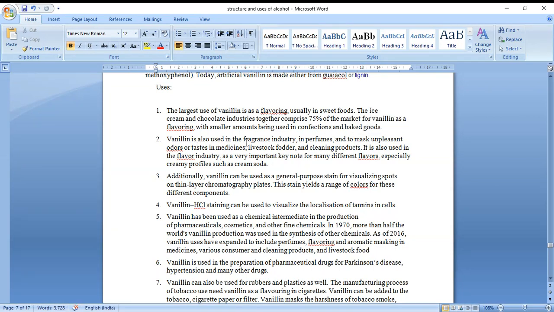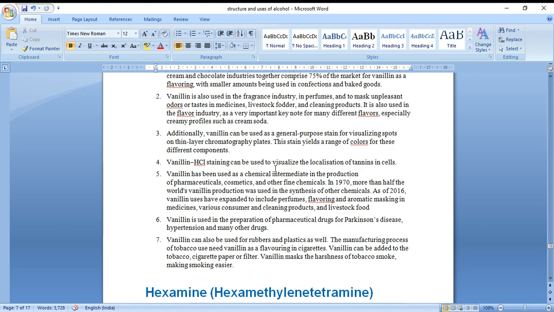Vanillin is used in the fragrance industry in perfumes, to mask the unpleasant odor and taste in medicines, livestock fodder, and cleaning products. It is also used as an important unit in various flavors, especially in premium profiles such as cream soda. And it is also used as a general purpose stain for visualizing spots in TLC.